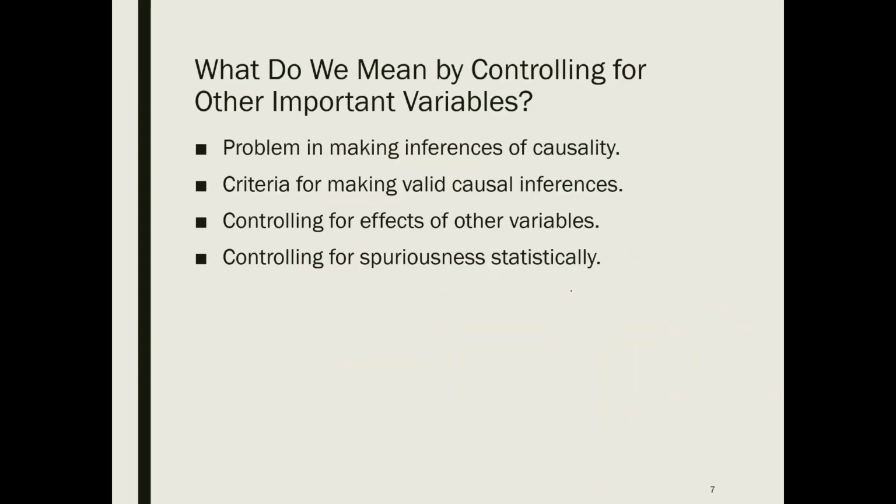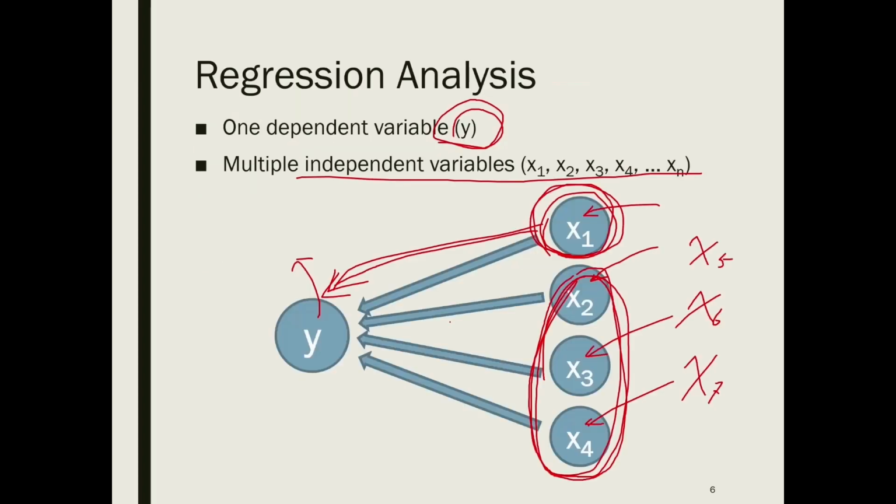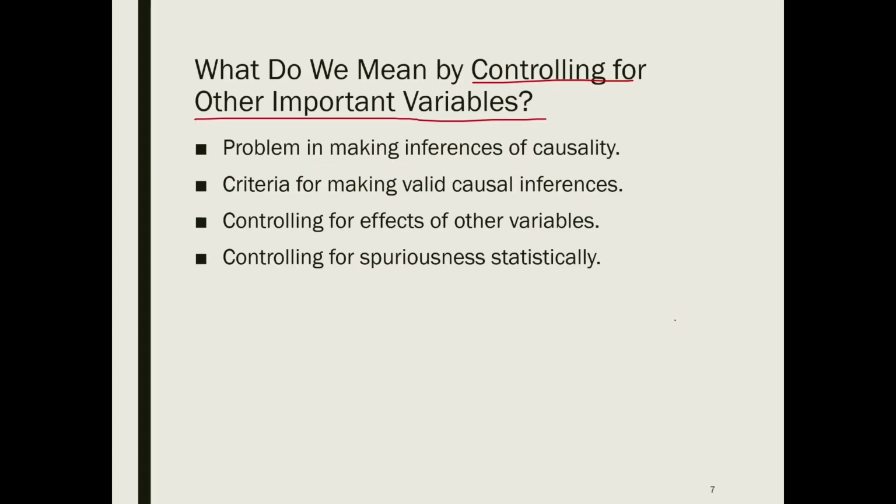This is what we talked about previously, controlling for other important variables. In order to do that, you have to include as many independent variables as you can in the data analysis, but there will be some limits, and we will talk about those limits in a couple of minutes.